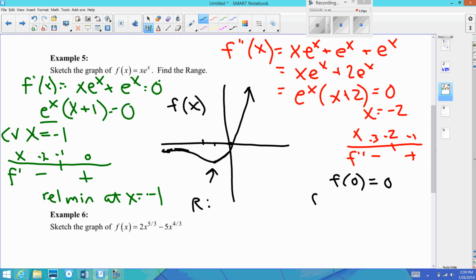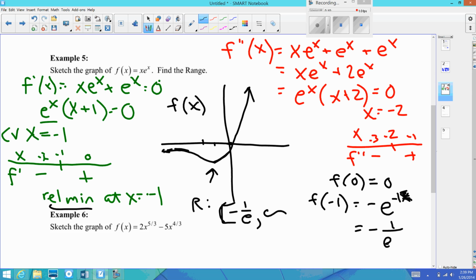If we plug in negative 1, because remember that was our relative minimum, we'll get negative 1 over e. So the range is negative 1 over e all the way until infinity.